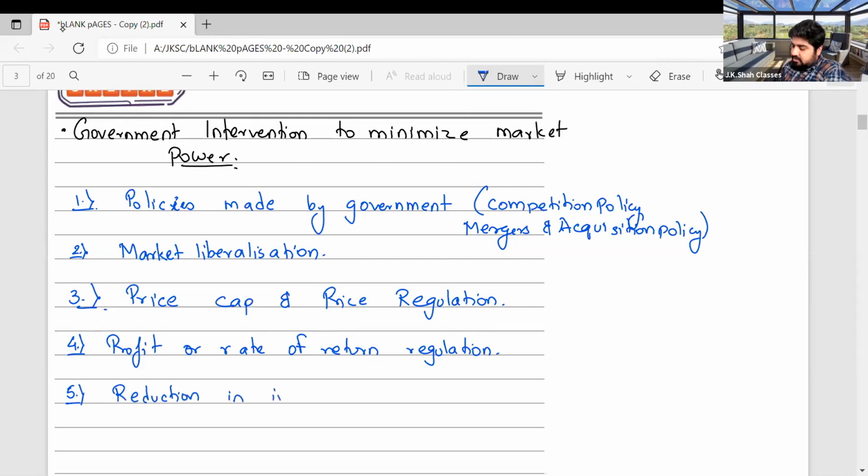Reduction in import controls. Now, what do you mean by this?